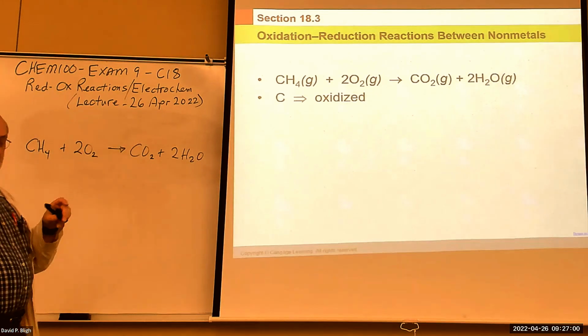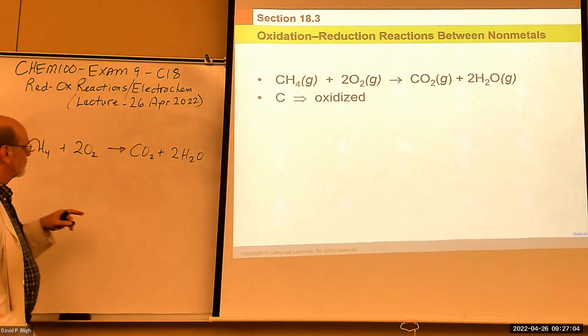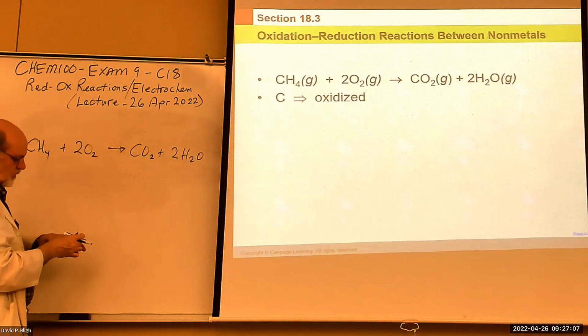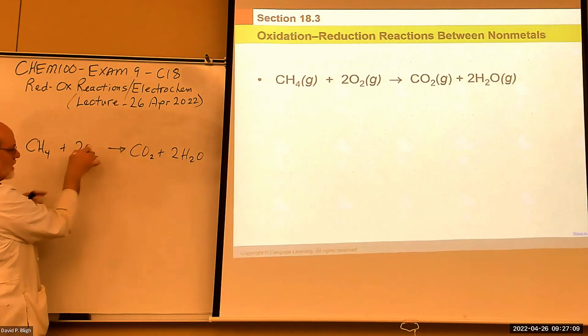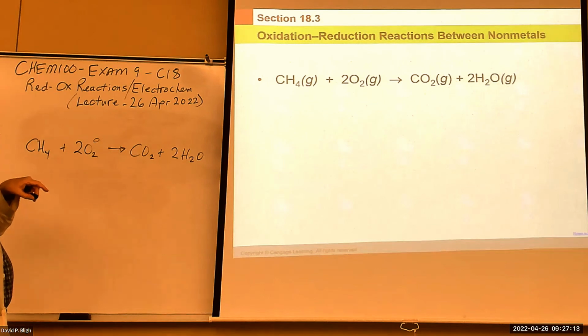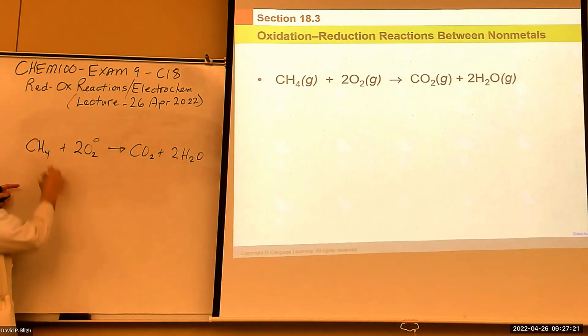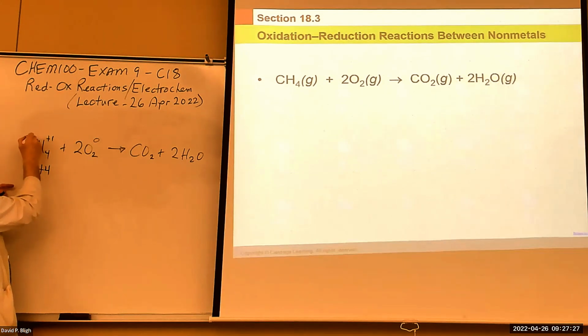So let's do the oxidation states on everything first. This is an element, 0 oxidation state. Hydrogen in this case is combined with a nonmetal. That means it's a +1, or a +4 total, which makes this carbon -4.